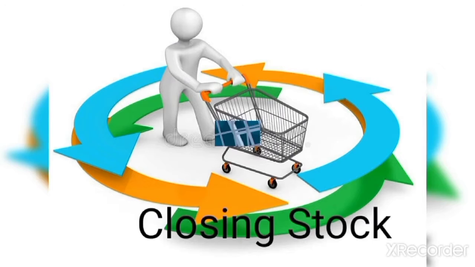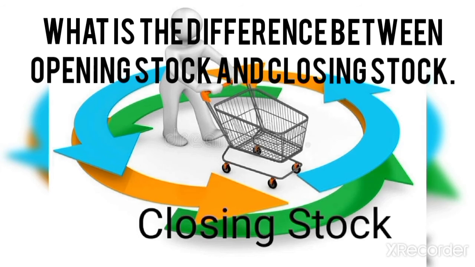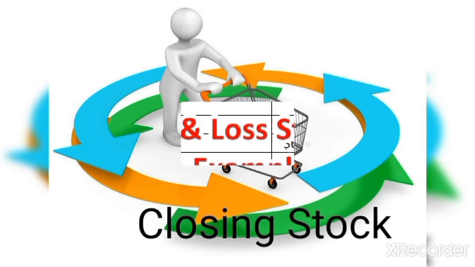When you bring in your opening stock, you add your purchases, you have the cost of goods available for sales, and then you deduct your closing stock. After deducting the closing stock, it will bring you to the cost of goods sold.